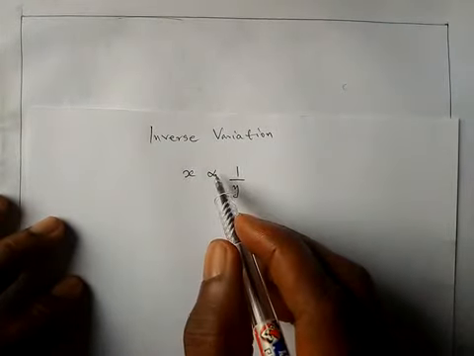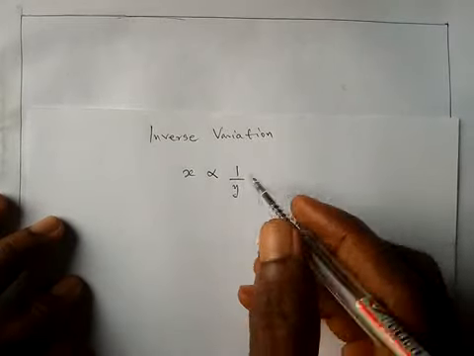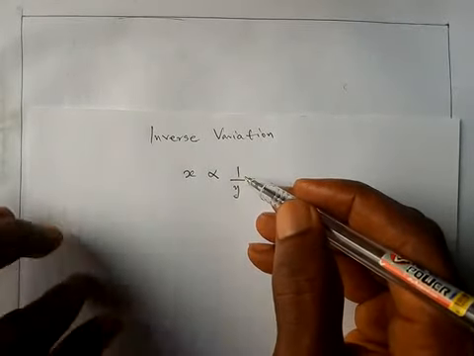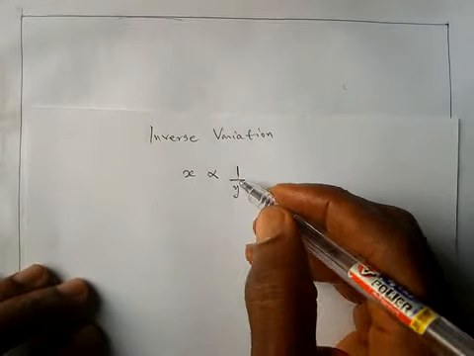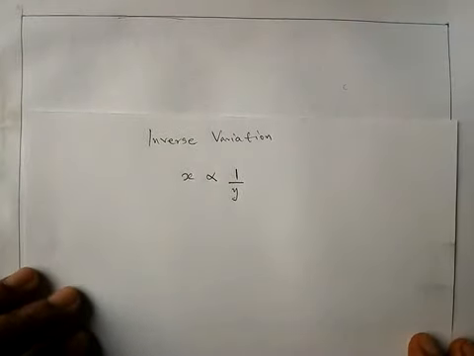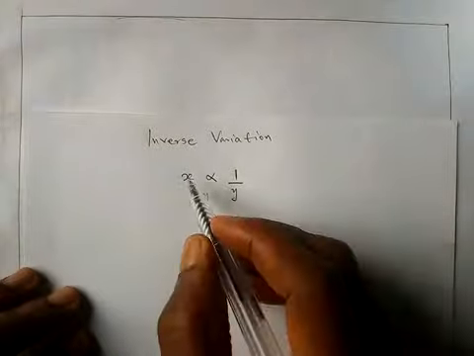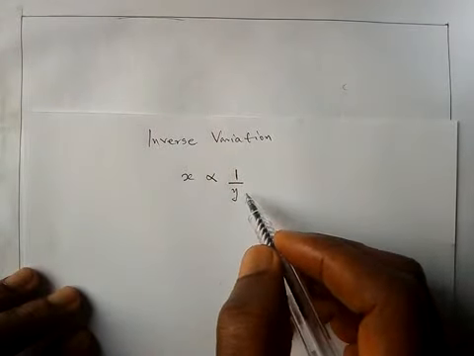This is written as s varying inversely as y. Inverse variation or indirect variation, you must have the inverse sign, 1 over. 1 over means inverse. Okay, so you must have that inverse sign.